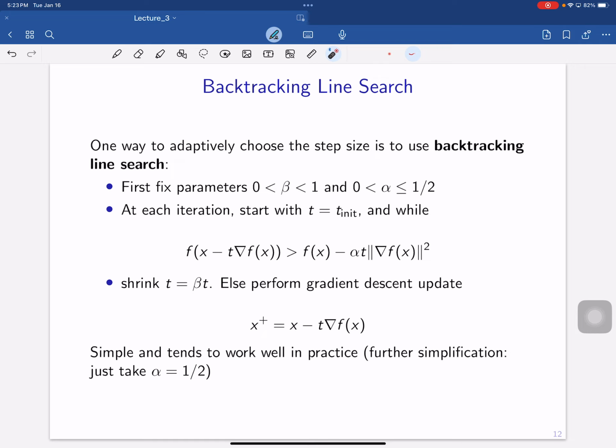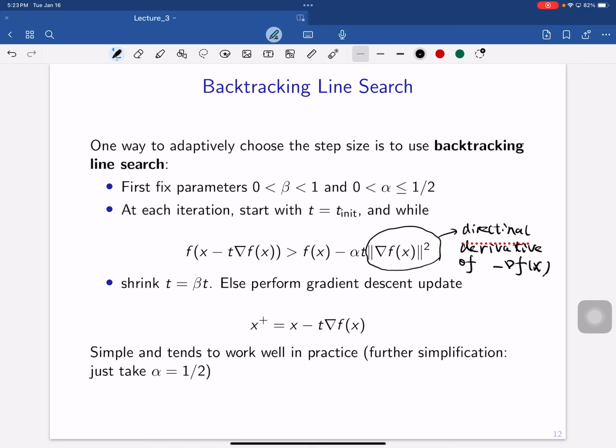Because you know that when t is sufficiently small, the directional derivative is this guy, right? Okay, so this part is the directional derivative of minus gradient, right?